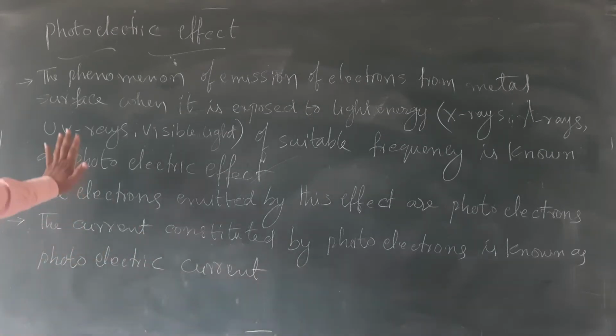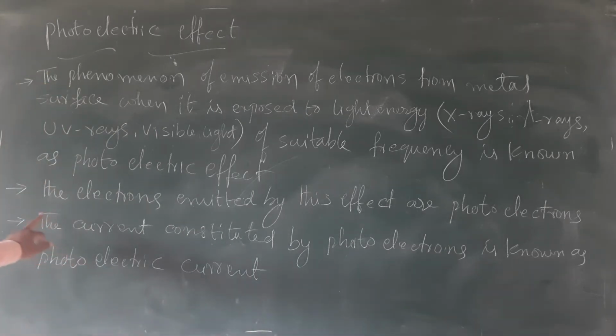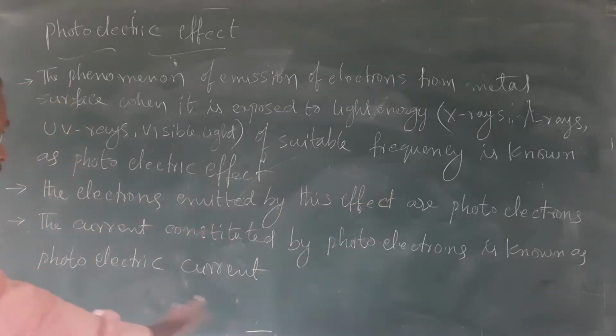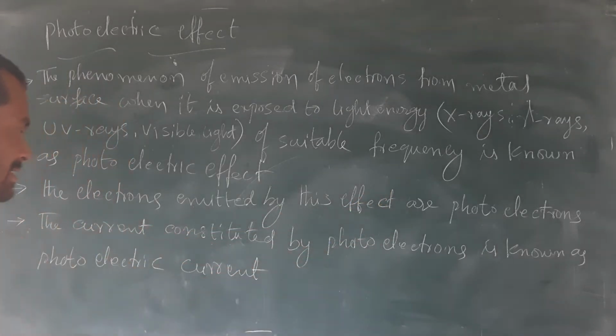So the electrons emitted by this effect are photoelectrons, and the current constituted by photoelectrons is known as photoelectric current. These are the definitions of the photoelectric effect.